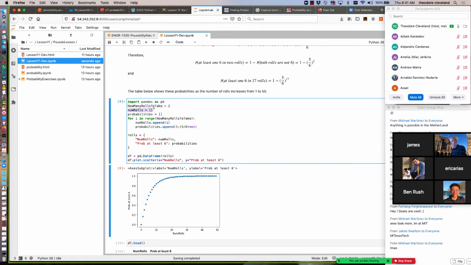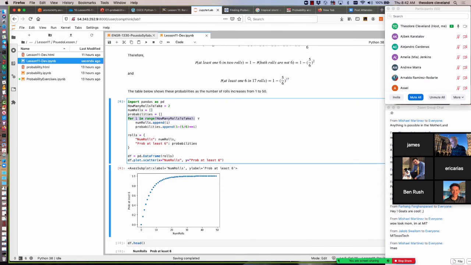Now we have an empty list to keep track of the number of rolls, and we have an empty list called probabilities. And what we're going to do is for each of the probabilities, we're going to enter this formula, but we're going to change the value of roll count based on how many rolls we're at.